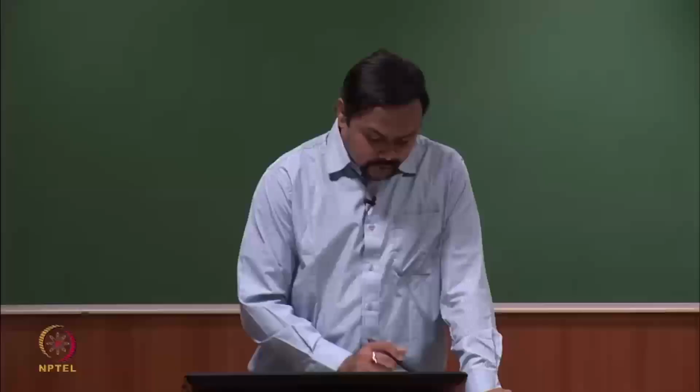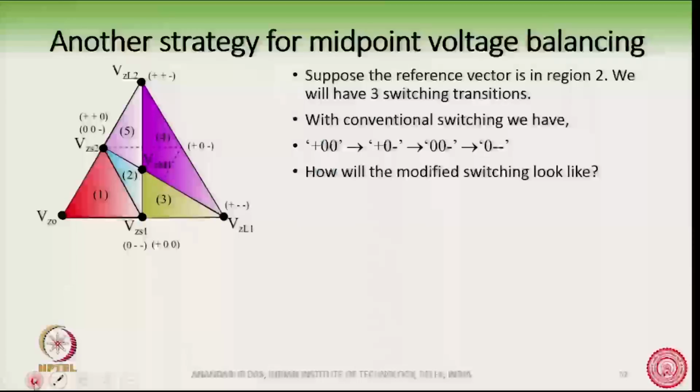Okay. Now, one question that will automatically come up in your mind is that VzM1 is a combination of 3 vectors. VzM1 is not a vector obtained from a direct switching. VzM1 is obtained by switching 1/3 of these 3 vectors here.